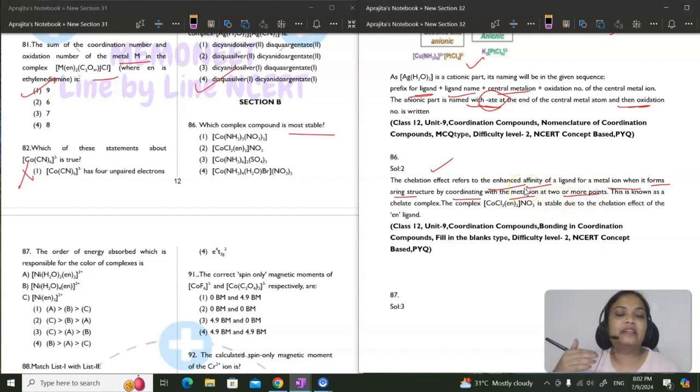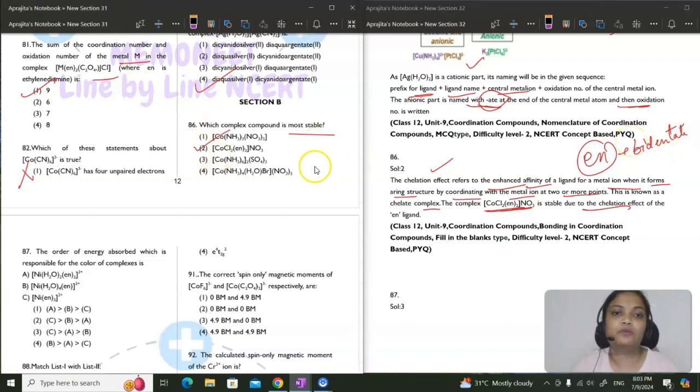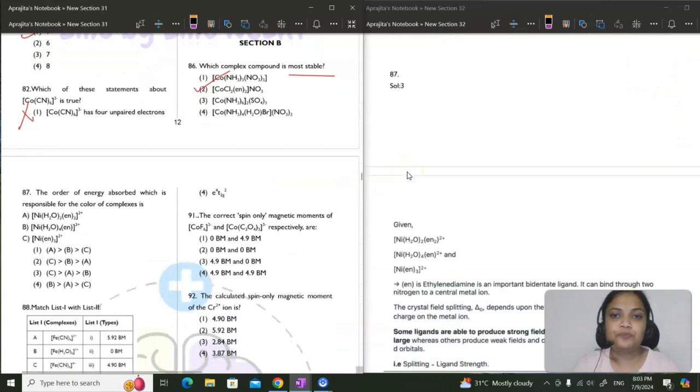Whenever the ligand is bidentate, it can bind at 2 or more points, so this is known as a chelate complex. The complex which has ethylene diamine in it is stable because of the chelation effect of ethylene diamine, because it's a bidentate ligand. Whenever chelation is there, the compound would be stable. So the answer is option number 2.